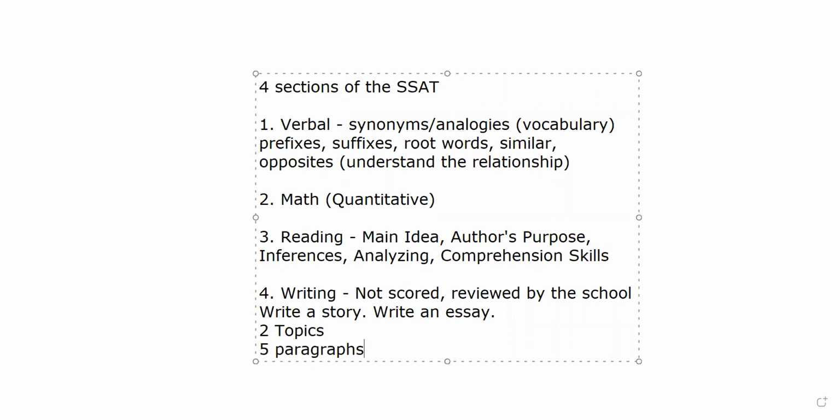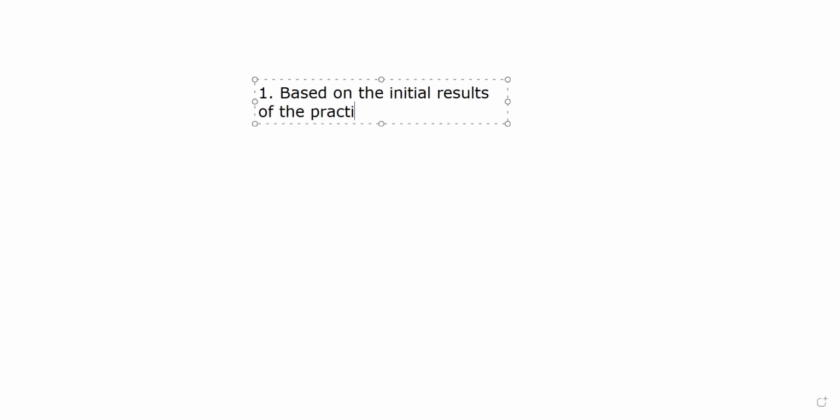Okay. So we have the 4 sections of the SSAT: verbal, math, reading, and writing. The main thing is to focus on the child's weakness. Based on the initial results of the practice test, we will focus on the weaknesses.